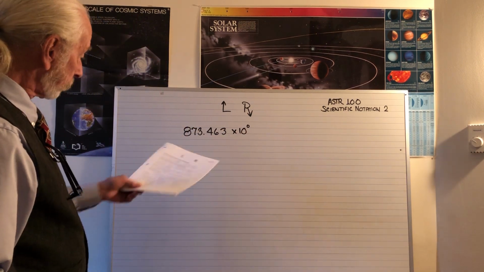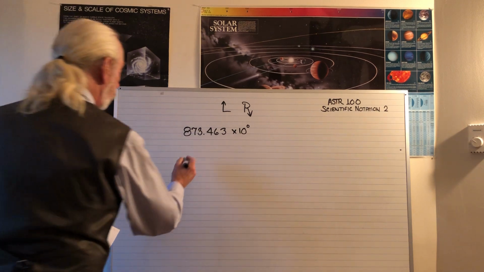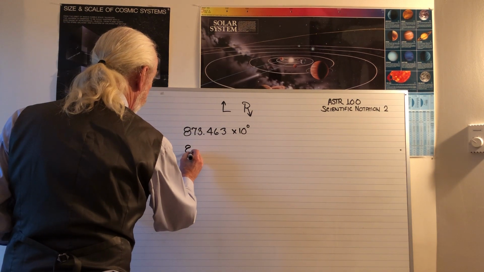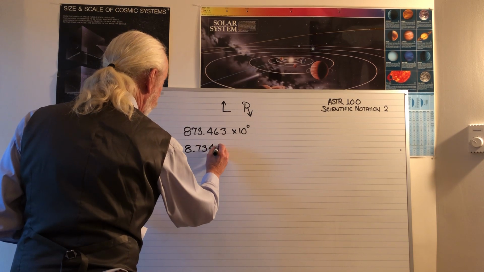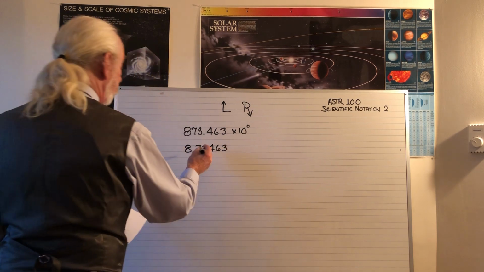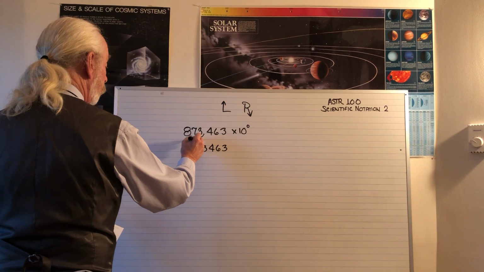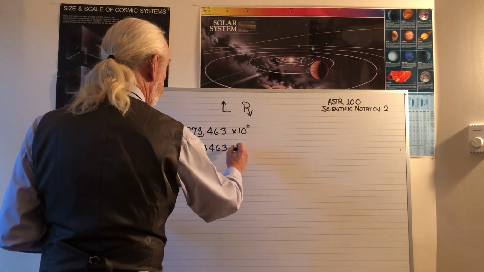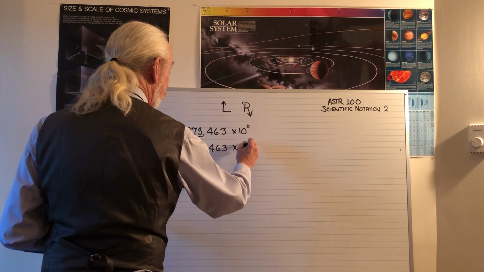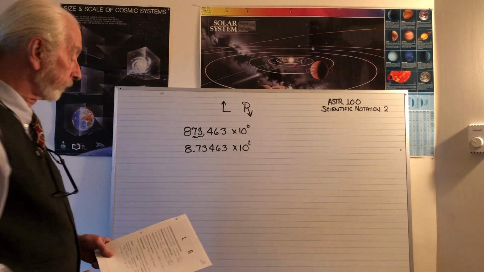Now, I want the coefficient to read like so, 8.73463. To do that, I moved my decimal 2 places to the left. That means my exponent's going to go up 2 places to make it 10 to the 2nd power.